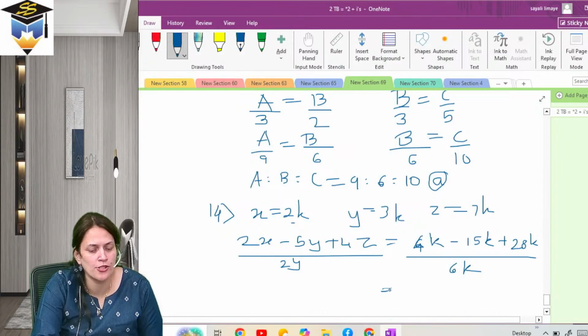So that is option D. Option D for question number 14. Answer is option D.